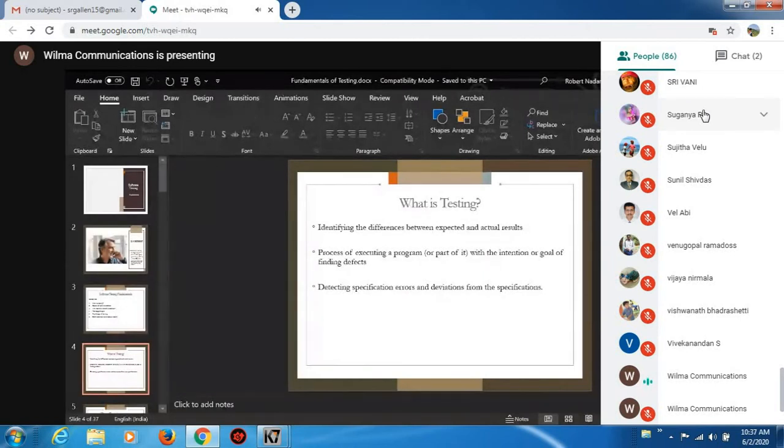If I give the input A equal to 10, B equal to 10, what is the output? If I change my input condition to A equal to X, B equal to X, let me see how my application reacts. So continuously I will try to enter dynamic input conditions and find out what the expected outcome is.